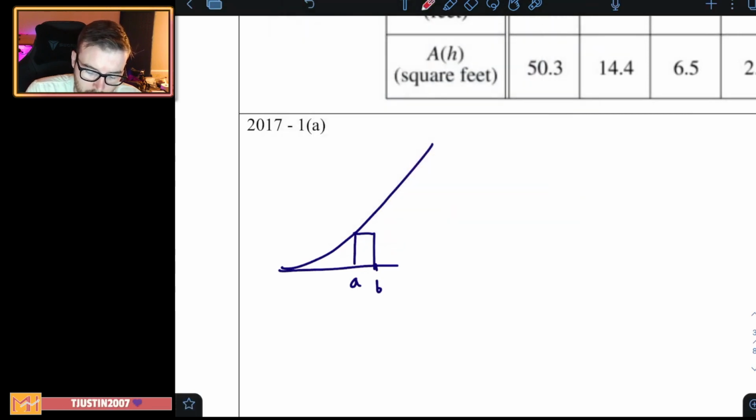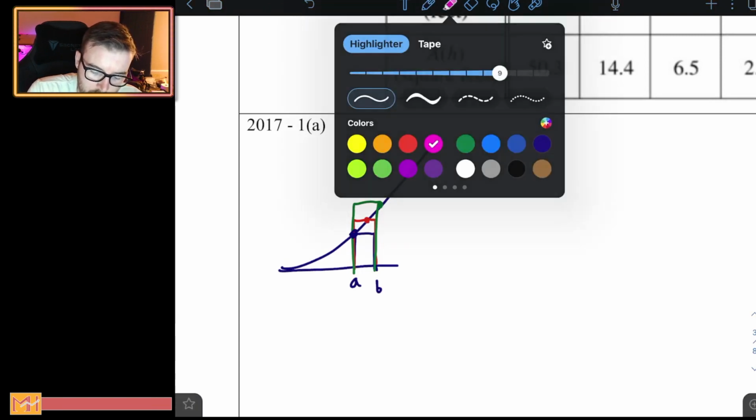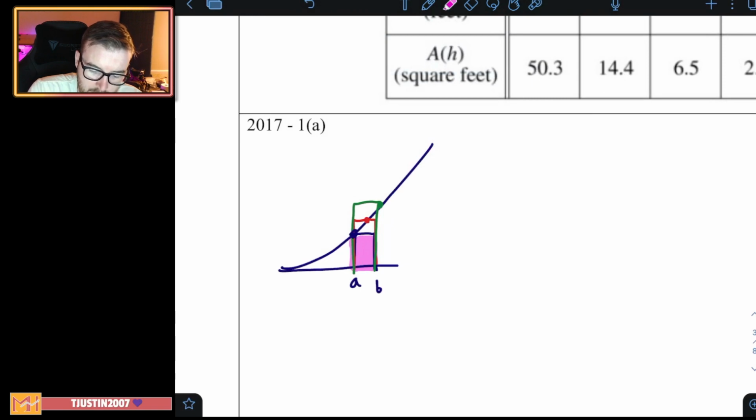You could have a rectangle that looks like this, where the height is the midpoint, or you could have a rectangle that looks like this, where the height is at B, right? Those are your three options, okay? So if you want a left hand Riemann sum, then you want the first one, okay?